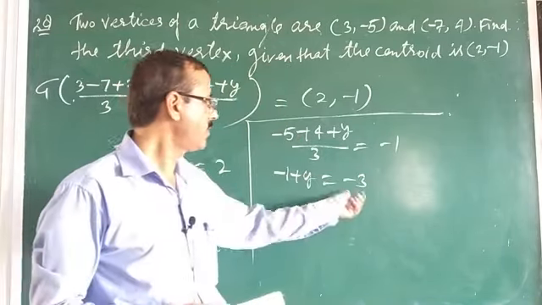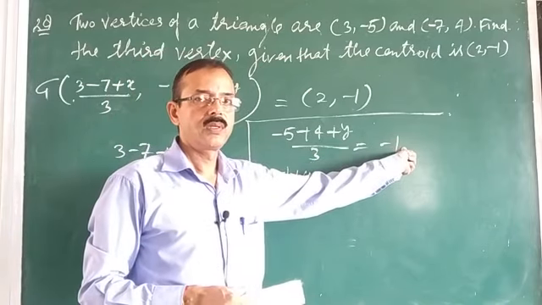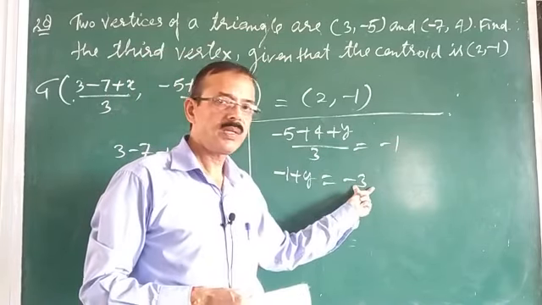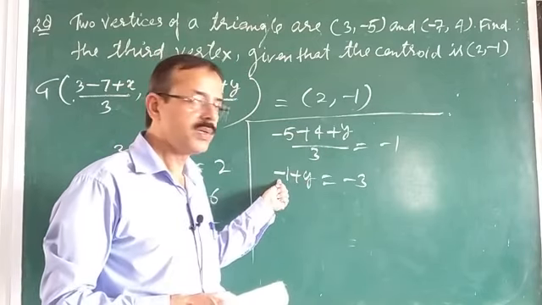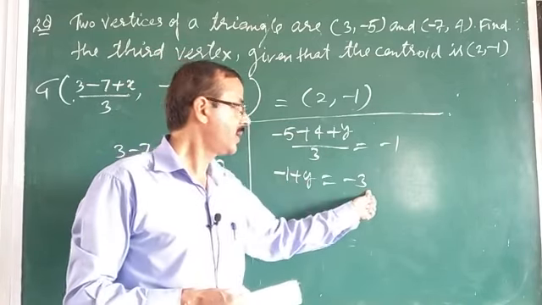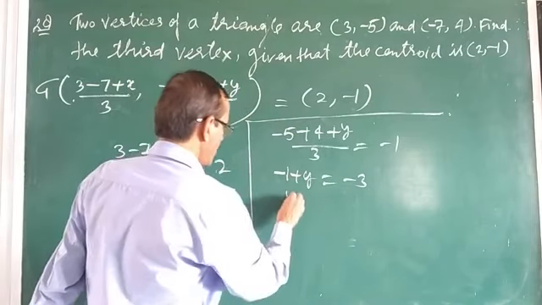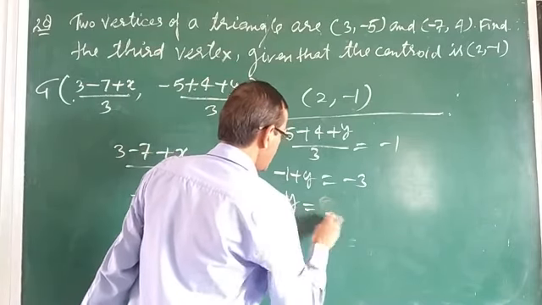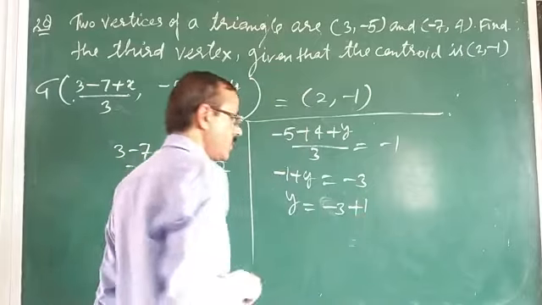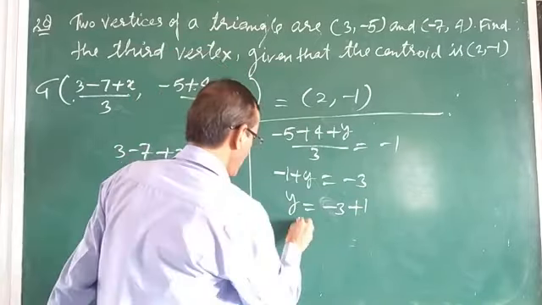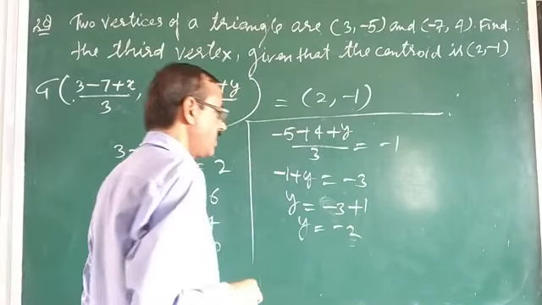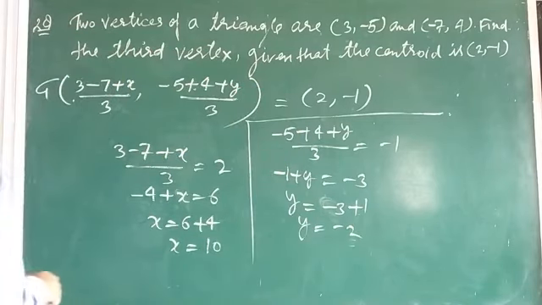How did minus 3 come? The 3 transposes, so 3 into minus 1 is minus 3. So y is equal to minus 3 plus 1, since the minus 1 transposes to the right side as plus 1. So y is equal to minus 2.